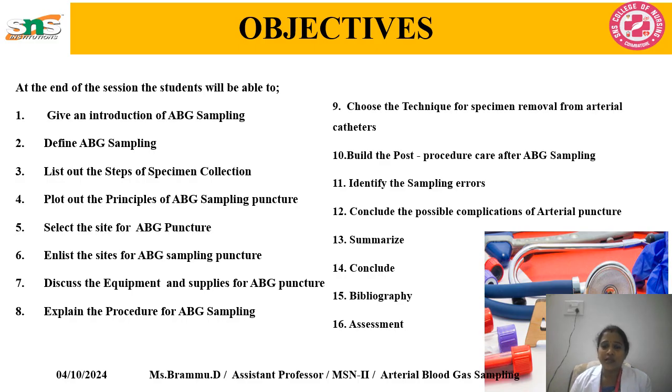You will also be able to discuss the techniques, or the steps, if the patient is on any arterial catheter, how the sampling is to be taken, what the possible sampling errors are and how you can prevent them, as well as the possible complications of arterial blood gas analysis sampling at the puncture site.